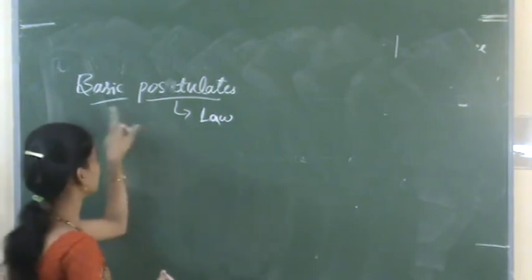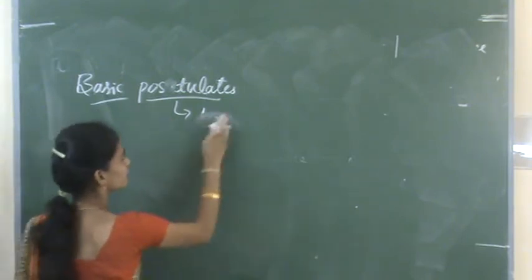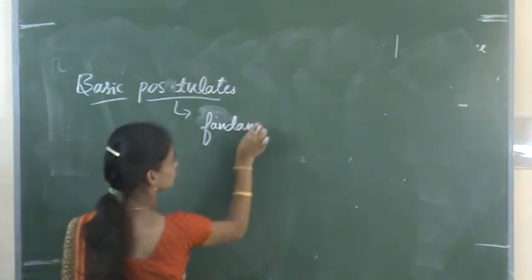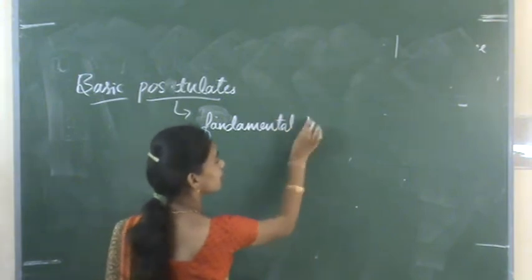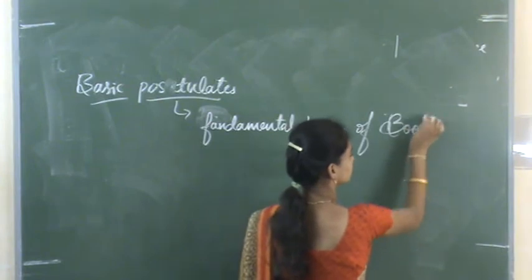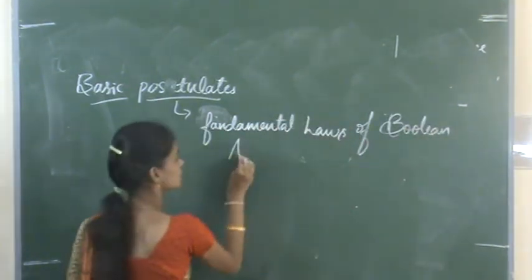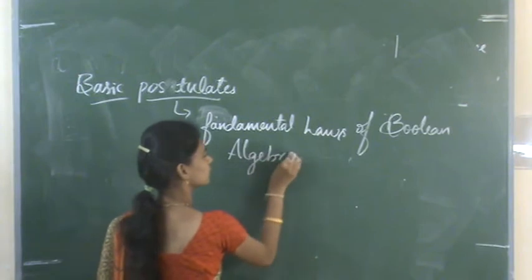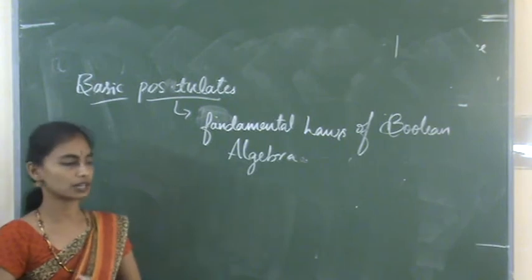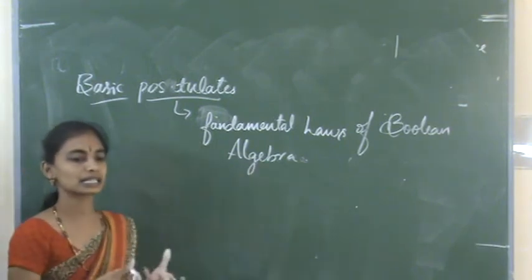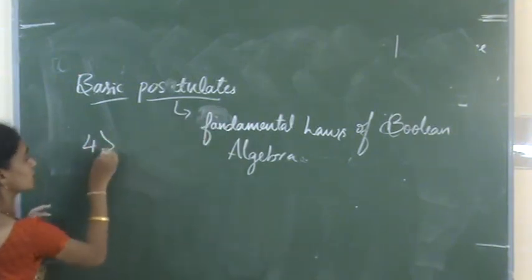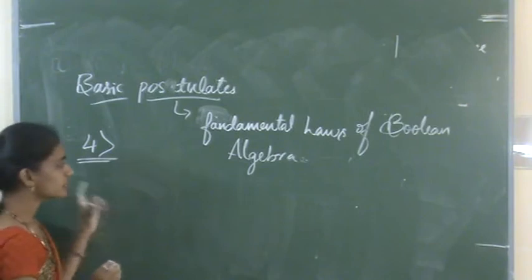The fundamental laws of Boolean algebra are called the postulates of Boolean algebra. Postulate means basic laws. In this we have 4 postulates, so let us study them one by one.